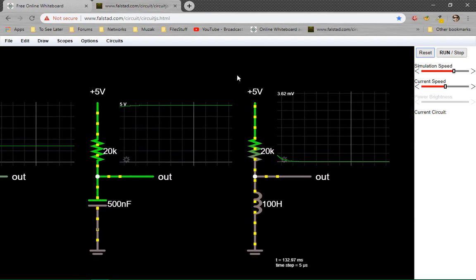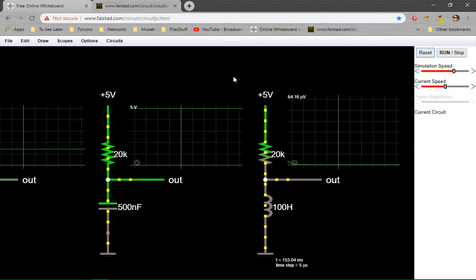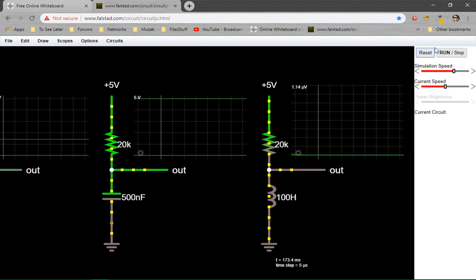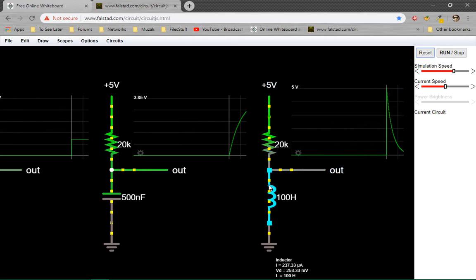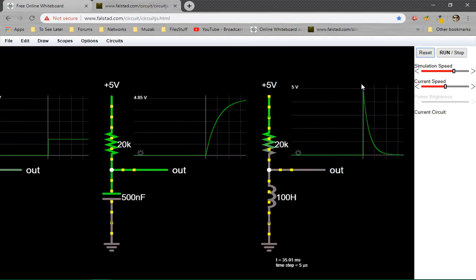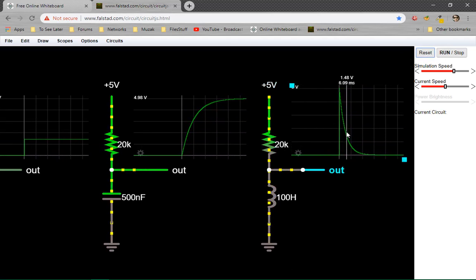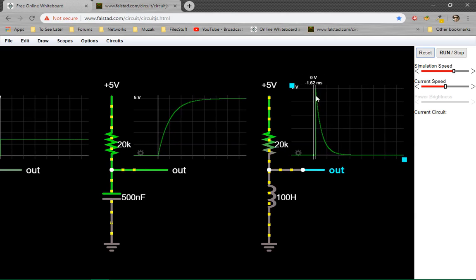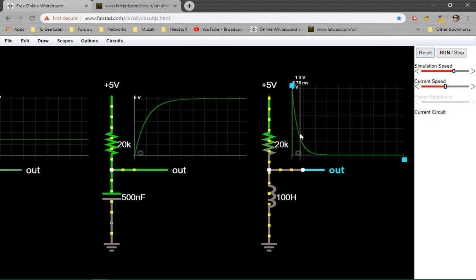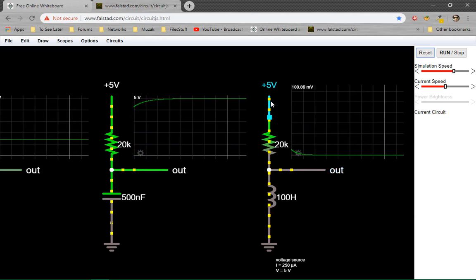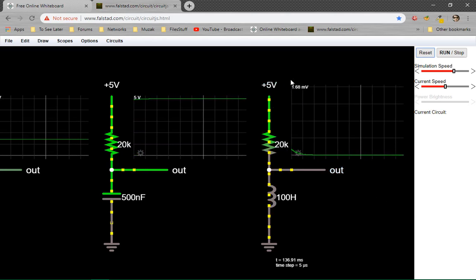The inductor is the same thing, also a time-sensitive resistor, but it works in reverse. It will look like a really high resistance, but its resistance will drop as time passes.